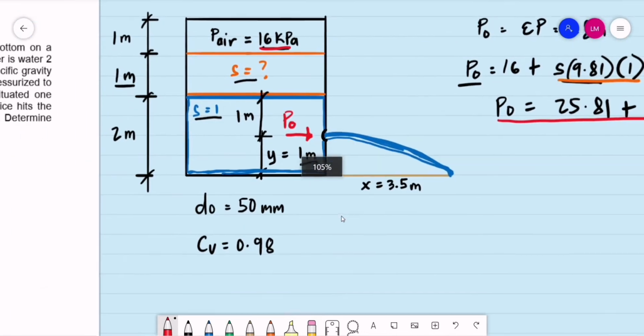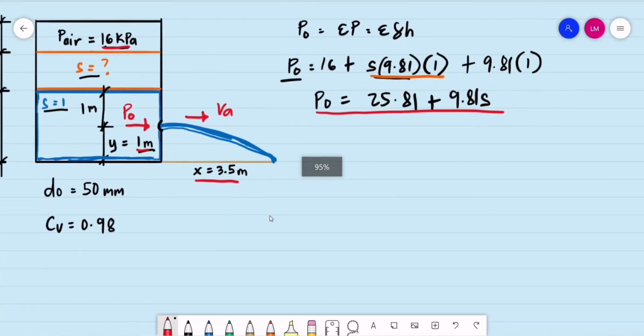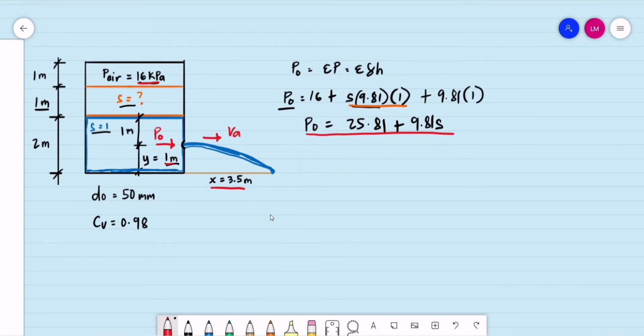So, para saan naman yung mga given na to? Okay, yung y is equal to 1, saka yung x equal to 3.5. So, ito yung mga actual values, okay, actual displacement ng tubig, and yung mga values na yan, sila yung magbibigay ng actual velocity. So, gamitin lang natin yung formula natin sa P6, yung sa projectile. Yung babagsak yung projectile from a higher position to a lower one.